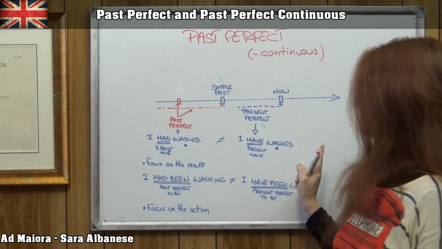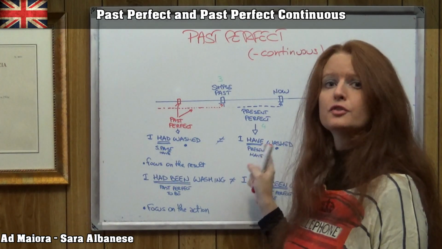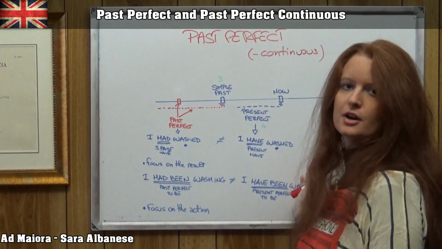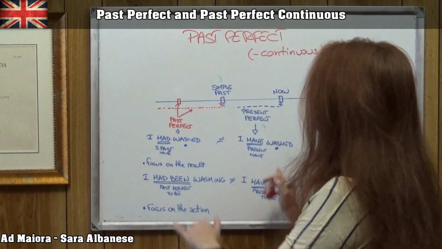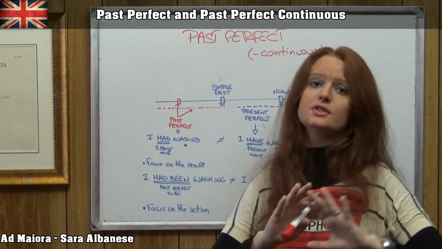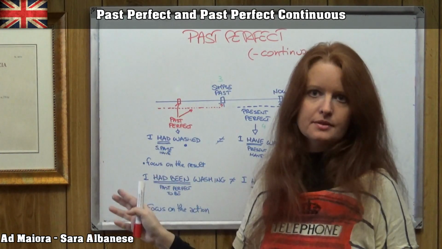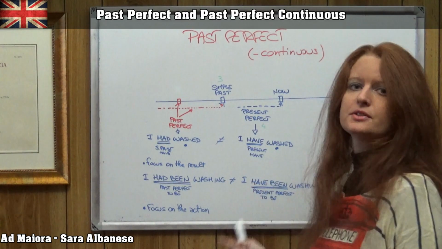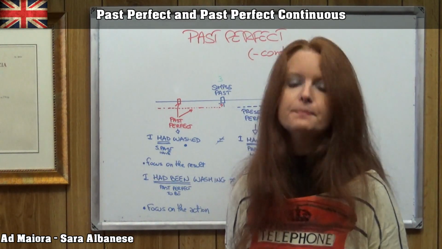You remember the present perfect was the simple present of the verb to have and the past participle. So the past participle is exactly the same. The auxiliary verb is always to have, but in the past perfect it is the simple past of the verb to have, and in the present perfect it's the simple present of the verb to have, obviously.